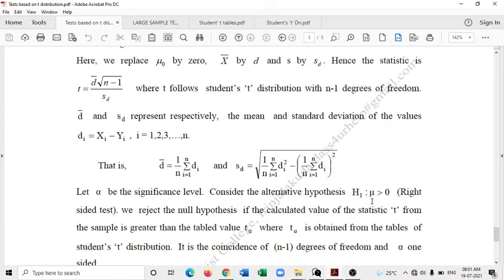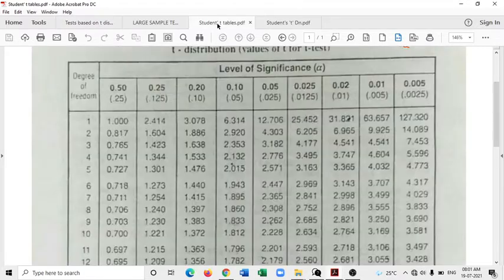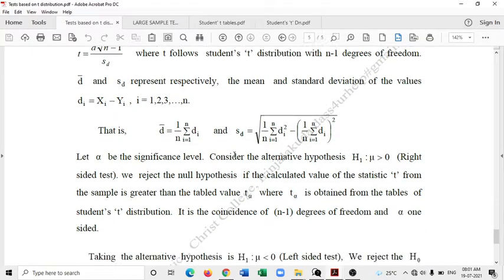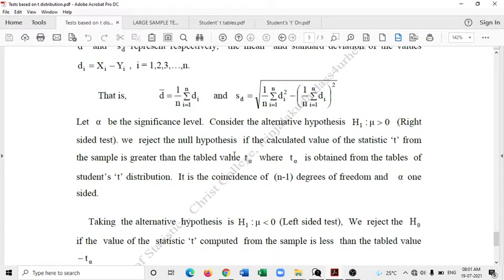T alpha we can obtain from tables of Student's t-distribution, that is for degrees of freedom n minus 1 and alpha one-sided, that is if alpha is 0.05 we have to refer to the 0.05 given in the lower row. And likewise, if the test is left-sided, then the critical region will be t less than minus T alpha, and T alpha is referred to as before.